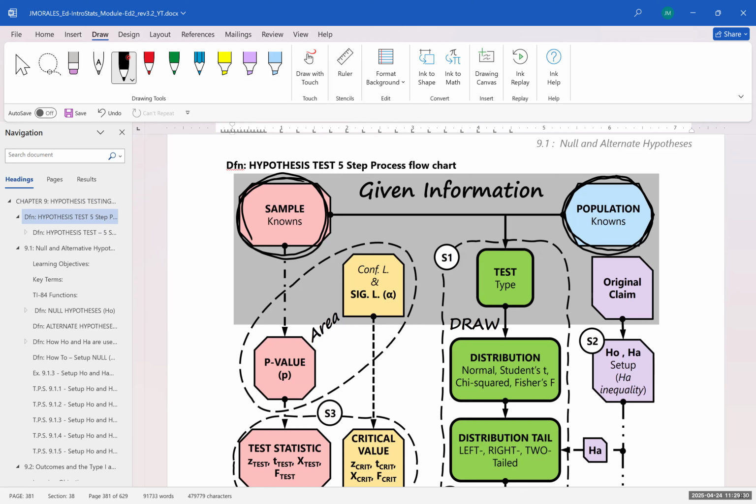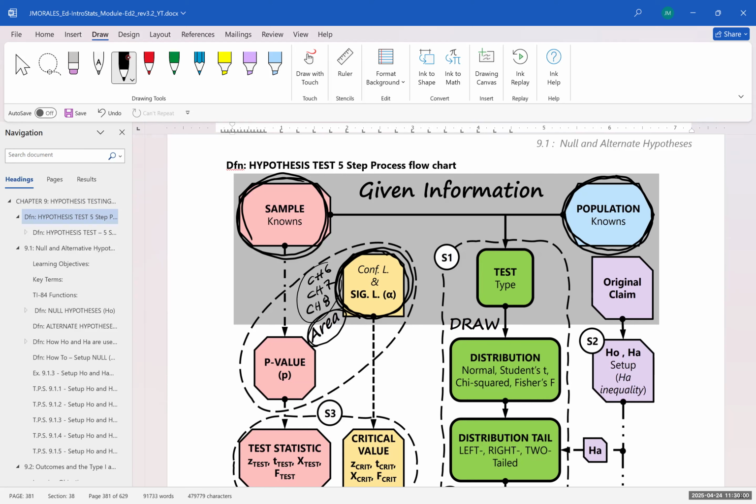Okay, and now what you've seen already is you've learned about confidence level and significance level. And so that will also be given to you. Okay, this is stuff that you learned in chapter 6 and in chapter 7, and you applied in chapter 8 when you made confidence intervals. Now, what we looked at specifically in these chapters, we were looking at the area under the curve.